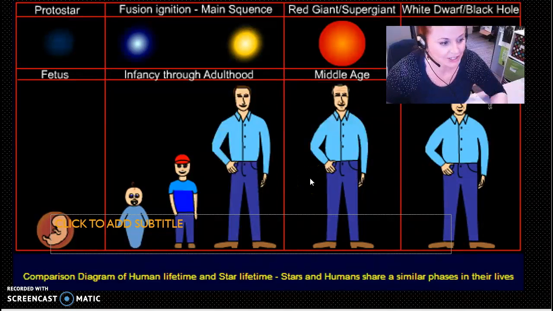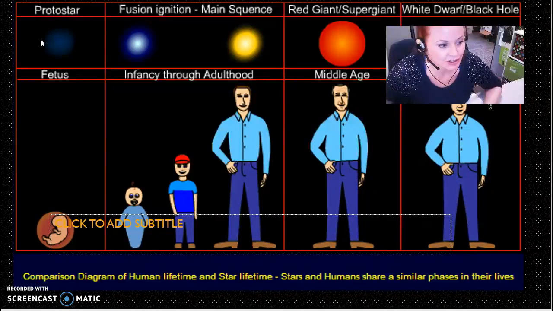Okay, so this image that I have here on the screen is representing the life cycle of stars, comparing it to the life cycle of people. Now keep in mind that stars aren't living, but they do have a beginning and an end, much like a life cycle. So that's why we use it as an analogy here. When we look at the star fetus, which is before a star actually begins to be a star, that is what we call a protostar.